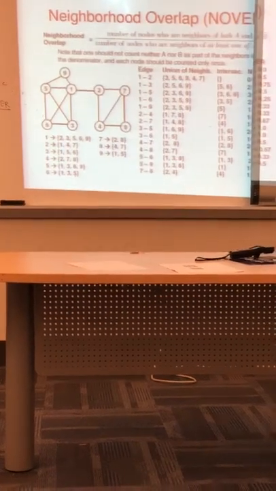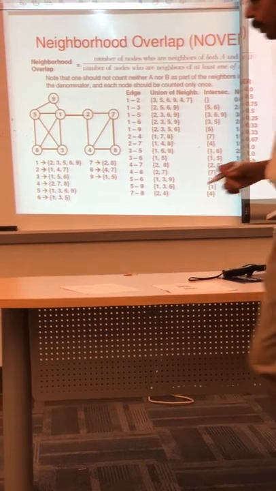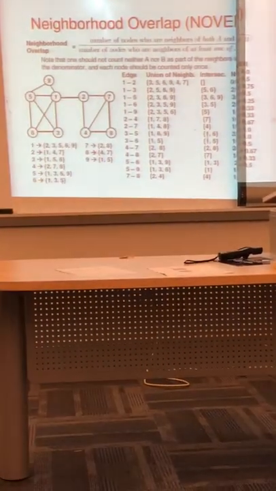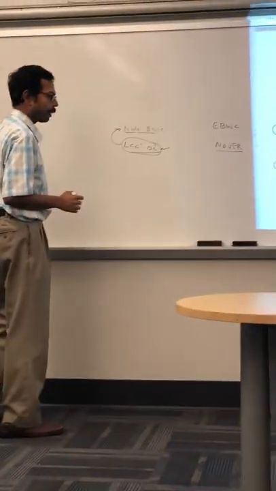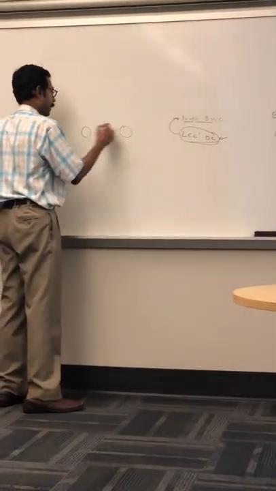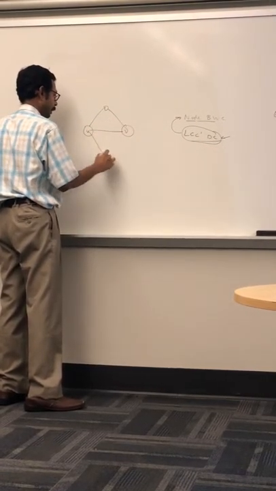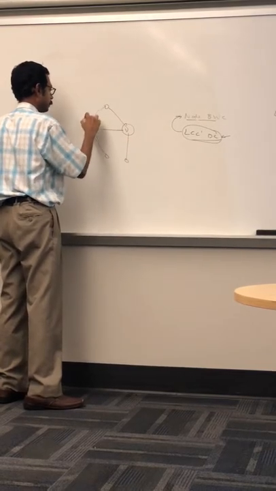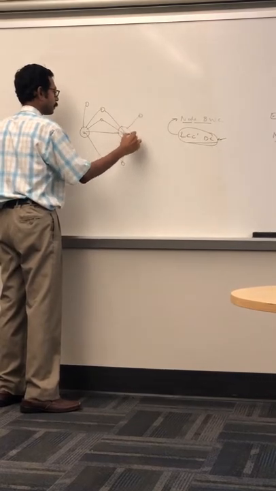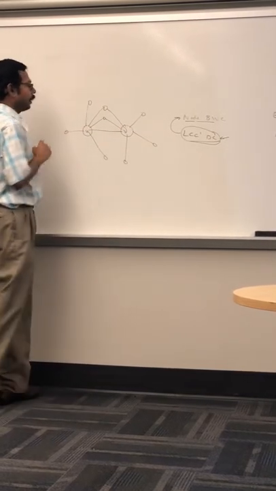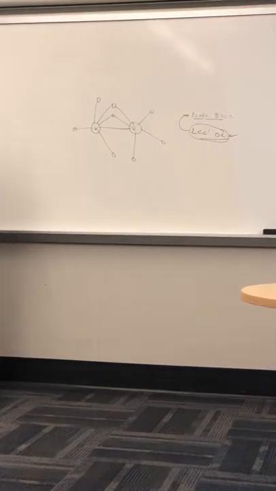Okay. So neighborhood overlap, as the name itself indicates, it's just the fraction of your neighbors that are overlapping. So for example, if you have an edge UV and you have, say, some neighbors like this, how many neighbors are common to both U and V?